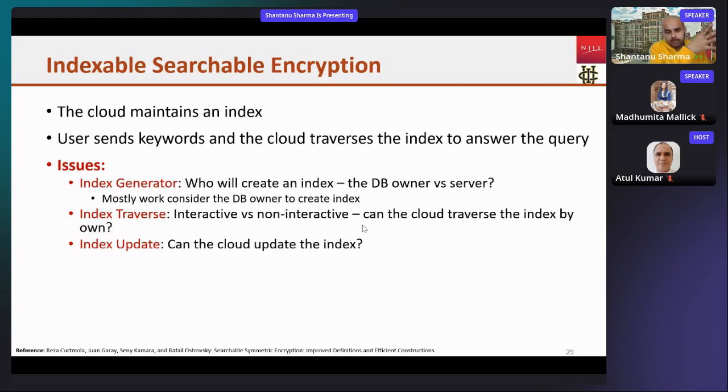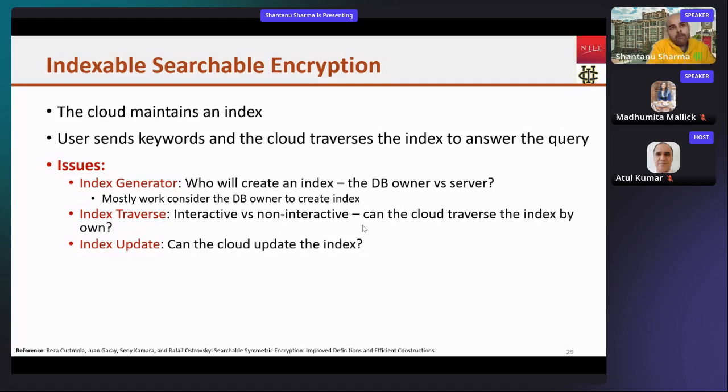And then the next part is how we can traverse the index. Most of the time, the user says, okay, I don't want to traverse the index and I don't want to be involved in that index traversal. But some techniques require several interaction rounds between the cloud and the user, because the cloud is not aware how to traverse for a given query.